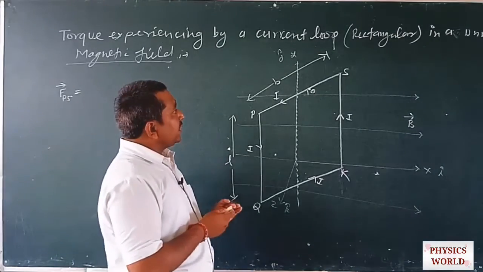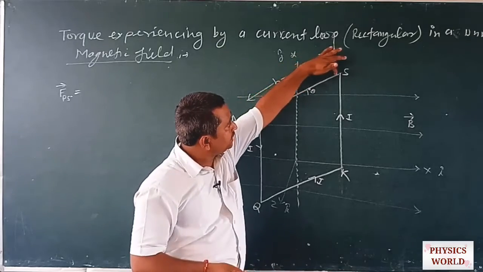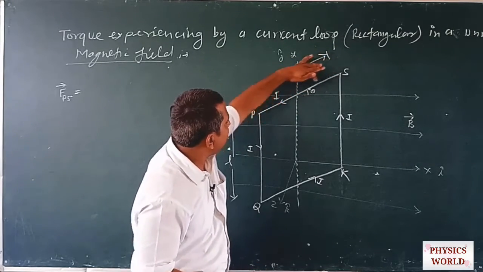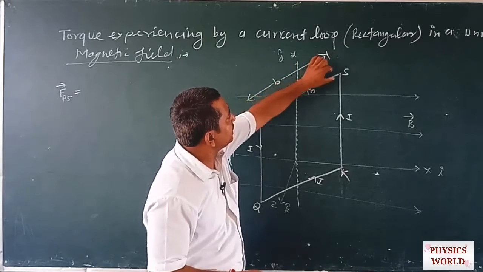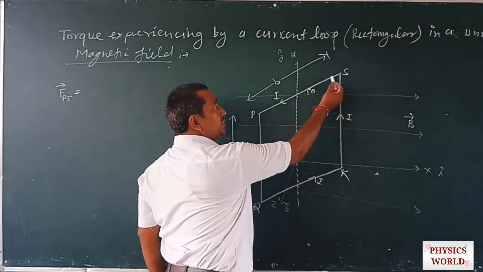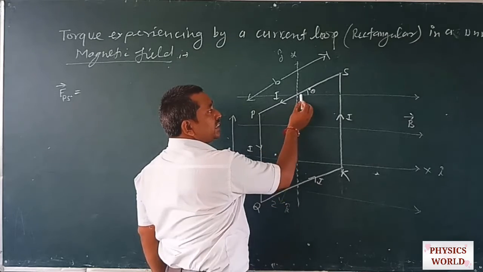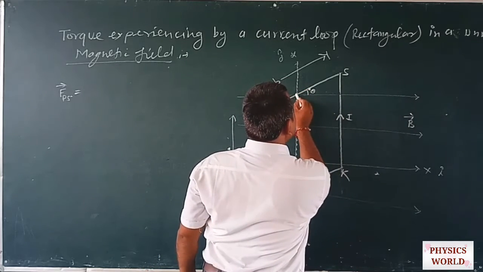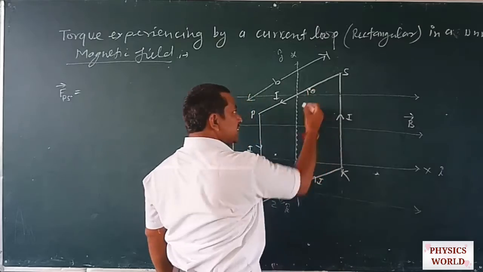To calculate the direction of the force experienced by the current loop side PS, the current is flowing through S to P and the direction of the magnetic field is along the x-axis, making an angle theta with this line.